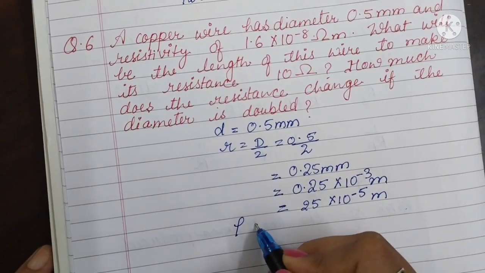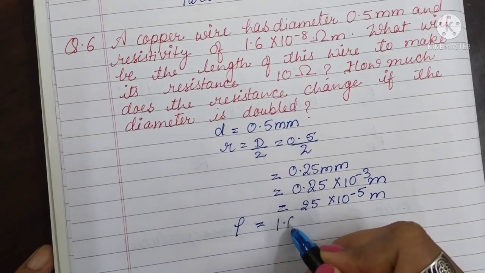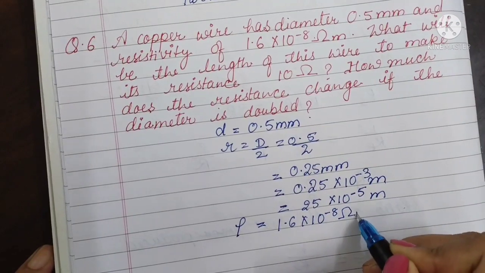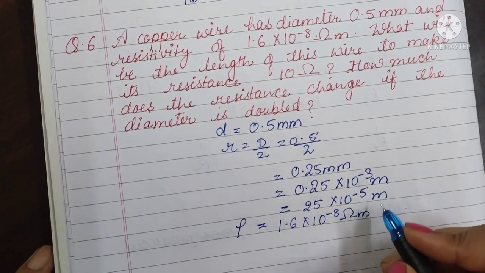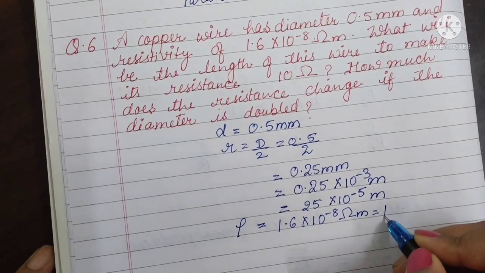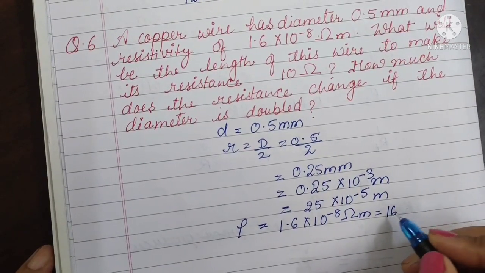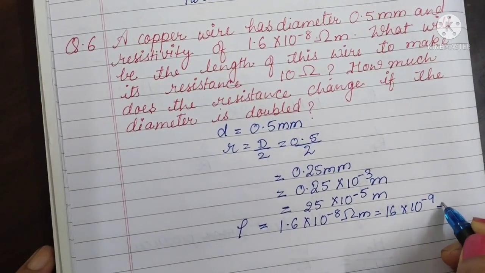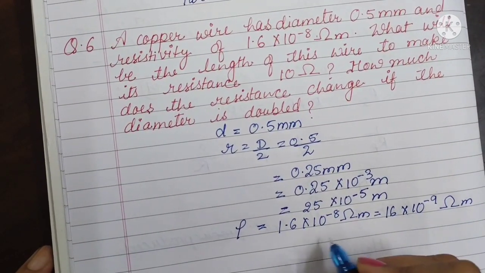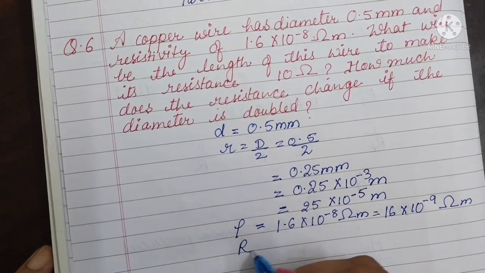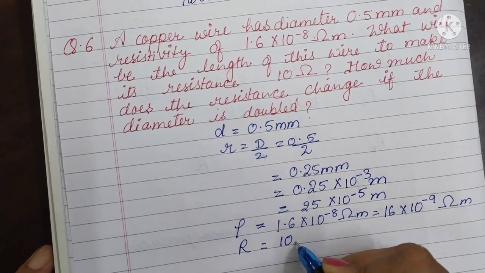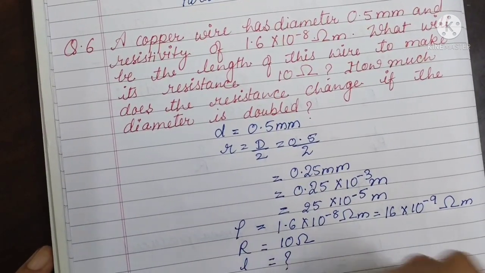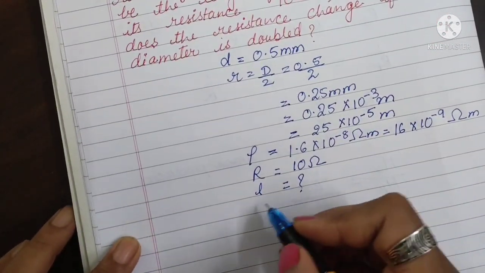Now the value of rho is given to us, which is equal to 1.6 into 10 to the power minus 8 ohm meter. Here also we will remove the decimal point. It will be equal to 16 multiplied by 10 to the power minus 9 ohm meter. Now R is also given to us, which is equal to 10 ohm, and we have to find the length. Length is not given to us.